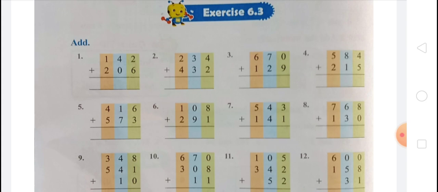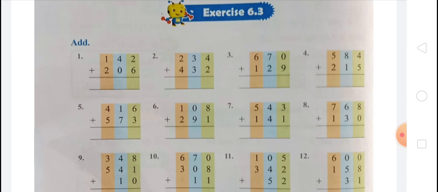So 0 and 9, there will be 9. And after that in the second step we have to add the tens places, that are 7 and 2. So 7 plus 2 equals 9 here. And in the next third step, we have to add the hundreds places, that are 6 and 1. So there will be 7, and the answer will be 799.